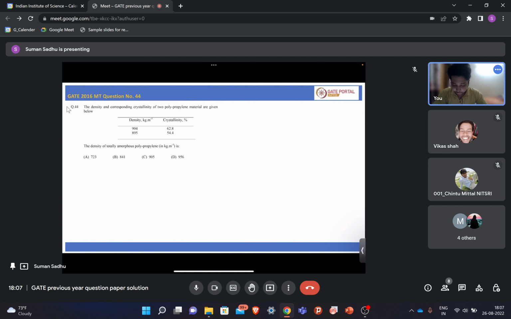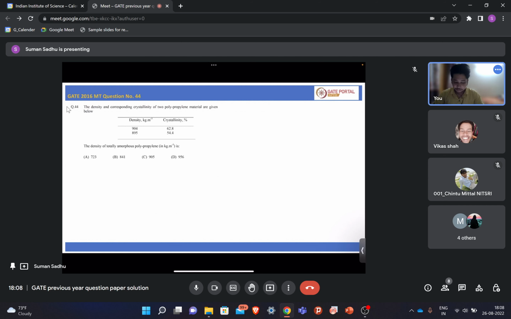For the first case, the density is 904 and the crystallinity is 62.8 percent. In the second case, the density is 895 and the crystallinity is 54.4 percent. The density of the totally amorphous polypropylene in kg per meter cube is: option A 723, option B 841, option C 905, and option D 956.